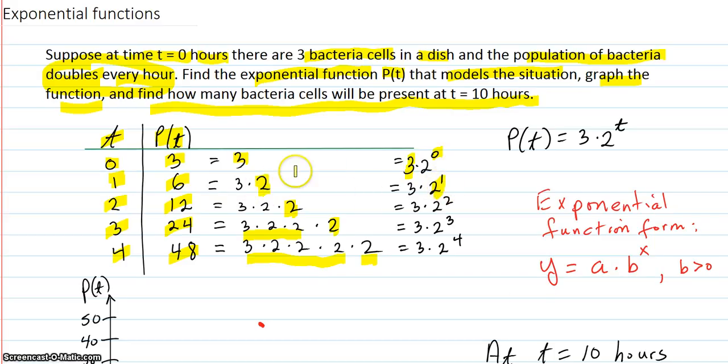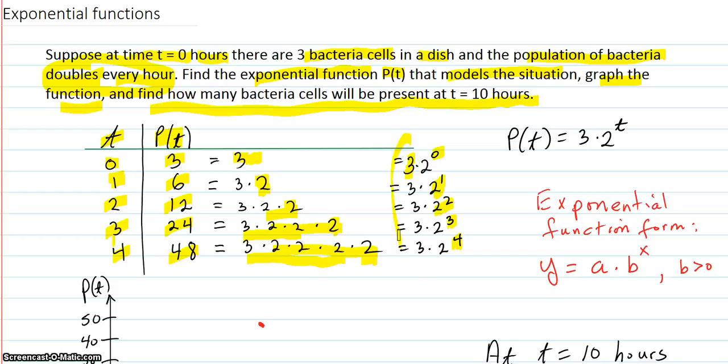Another way to see this is that there's 0 factors of 2 multiplied here, so 0. Now here you have 2 factors of 2, 2 to the second power. Here you have 3 factors of 2. And here you have 4 factors of 2. The factors are building up every hour that goes by.